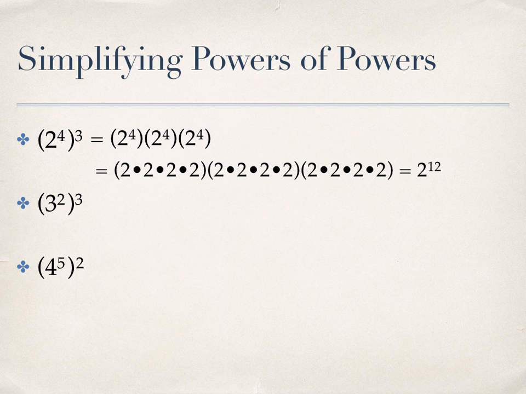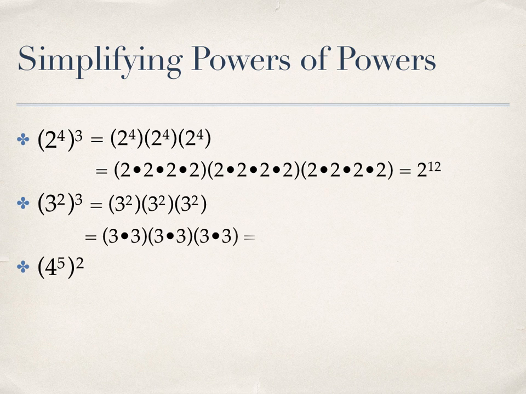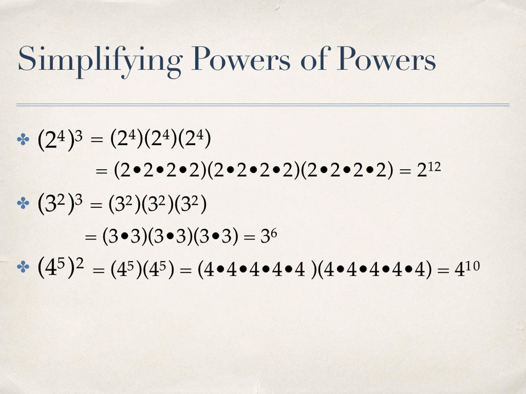The next example, when you cube something, you multiply by itself 3 times. So I can write out what this means. In my last example, when I square something, I multiply it by itself twice. And so now what I like to do is look at the example that was given and what I ended up with, and I start to see a pattern.